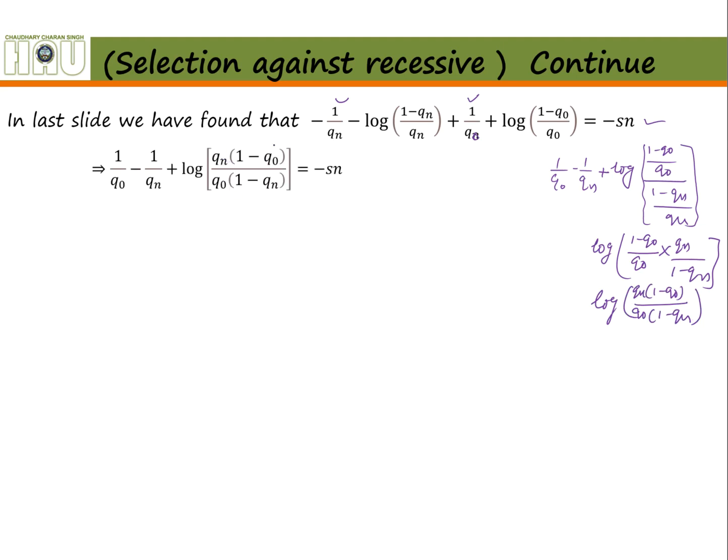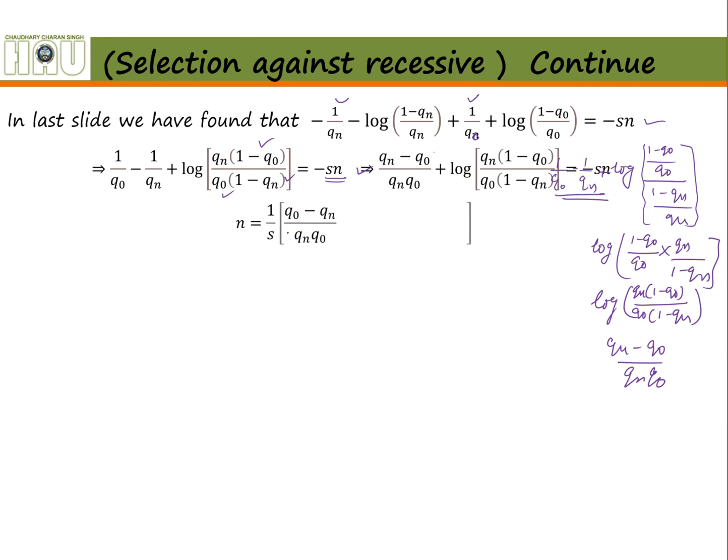So if I simplify this, you will get qn into 1 minus q0 over q0 into 1 minus qn equal to minus Sn. And if I further simplify this part, it becomes qn minus q0 over qn q0. So I just use qn minus q0 over qn q0 plus the remaining things. And now from here, you can find out the value of n.